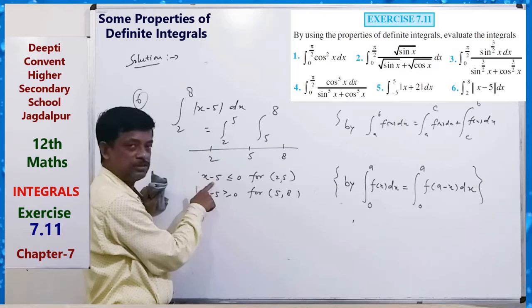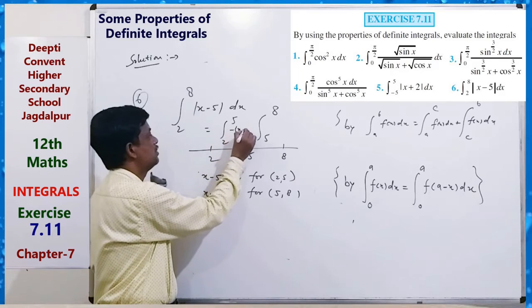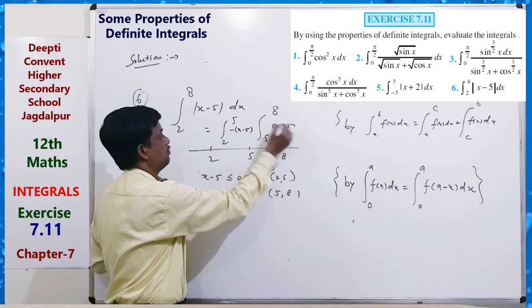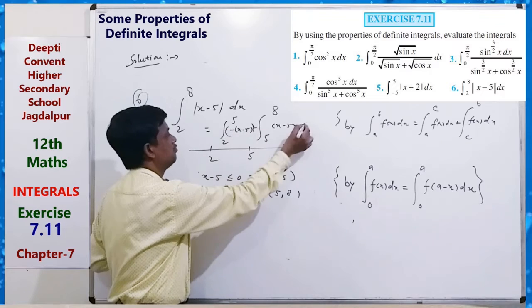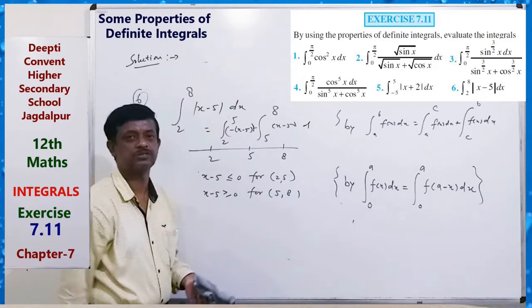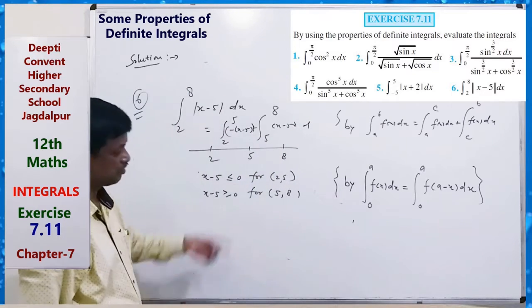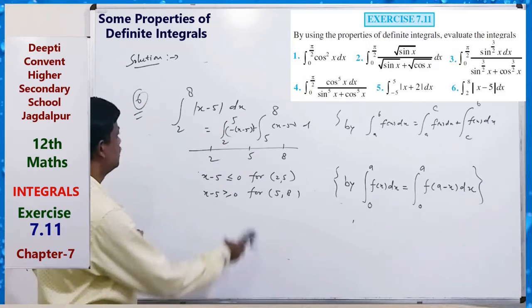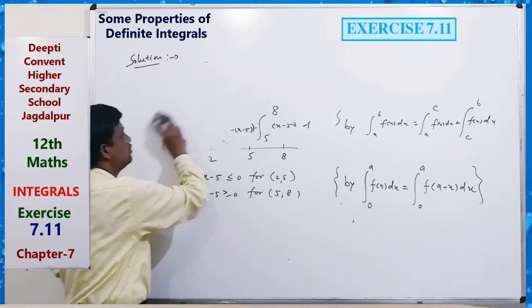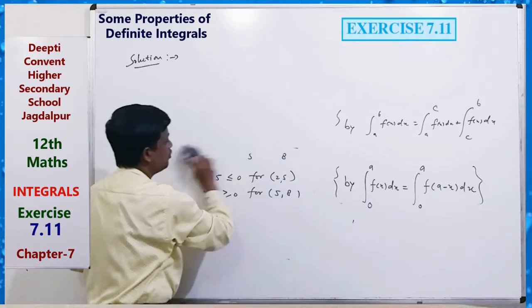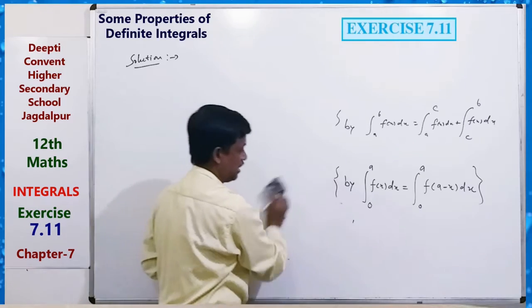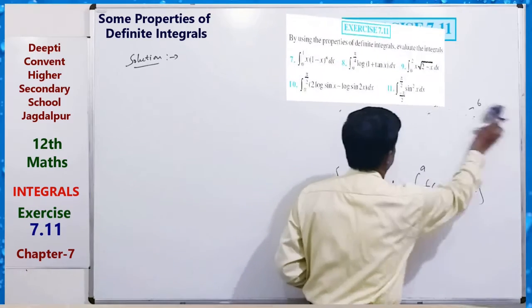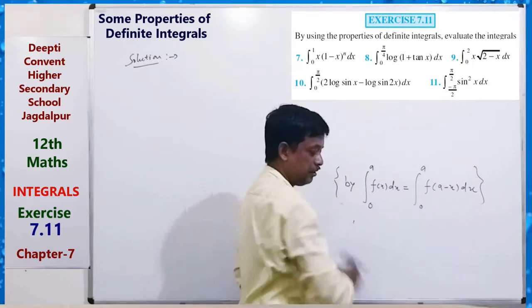Here less than or equal to 0, so minus of x minus 5, or here x minus 5, and adding these you can solve just like question 5, and you can get the value of this integral. Okay. So by using this type of technique, we have to remove the modulus sign. Clear?